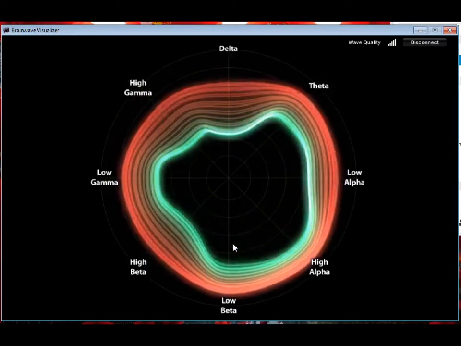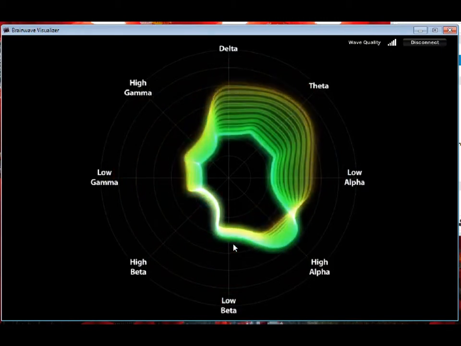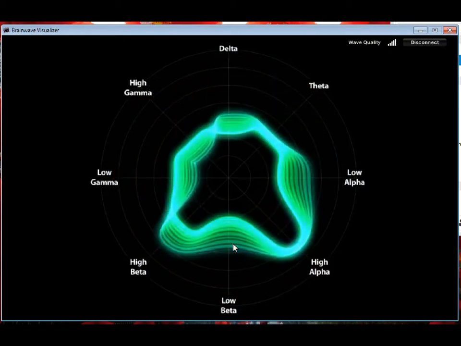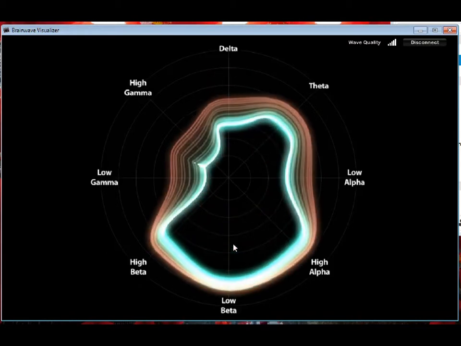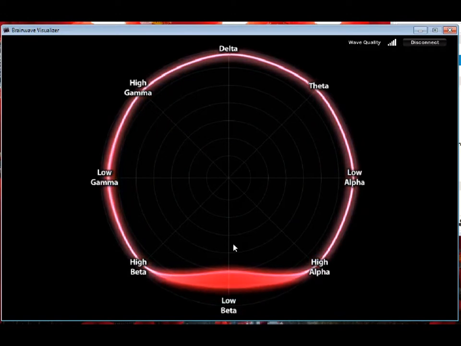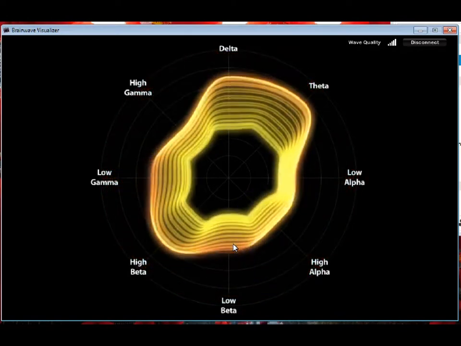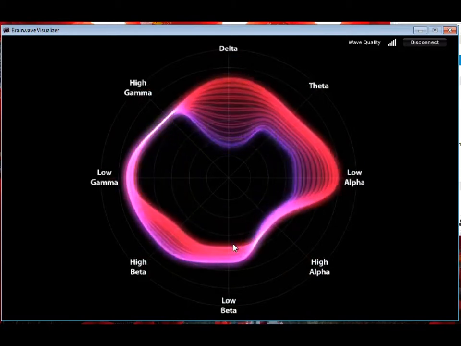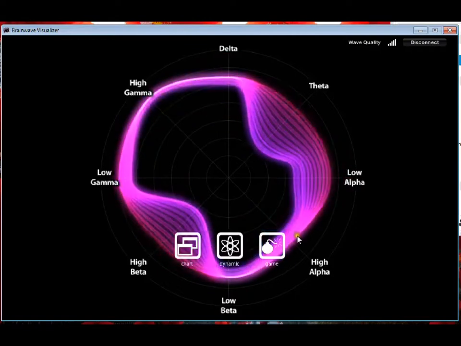And for instance, let's see if I can push delta and theta. Okay, yeah, we got a delta and a theta there. And that's just, I've done some meditation work, and it definitely picks it up.